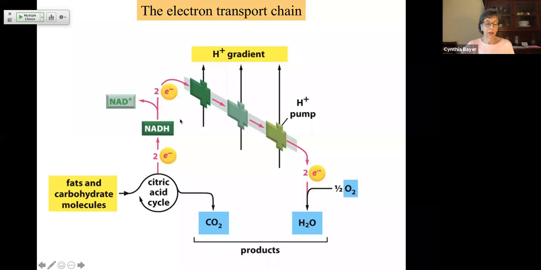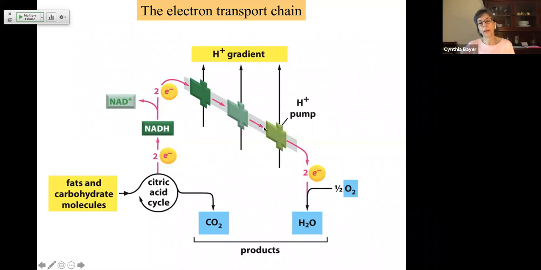This is a strong electron donor. NADH, while it will accept electrons from food, will readily transfer its electrons to the next component of the electron transport chain.